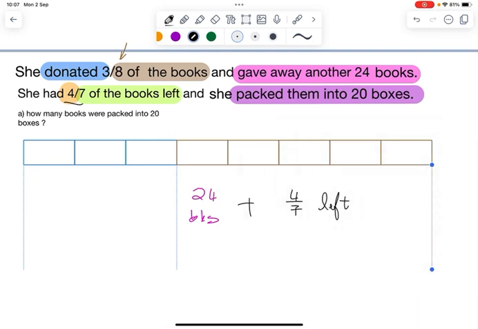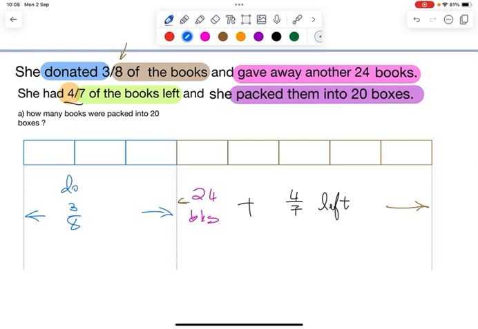So this is what you're left with, and this is what Miss City donated, 3 out of 8 of the books.